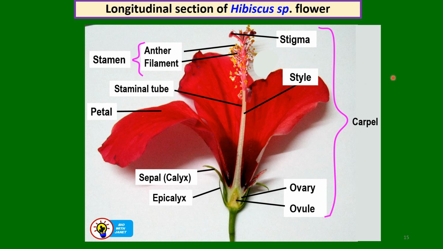So hibiscus is a very special flower in that it has modifications to the usual arrangement of stamens and carpels. For example, you can see the carpels here, the carpel at the top and then coming down here, and it has a few stigmas here. All right, you can observe from the real hibiscus flower.